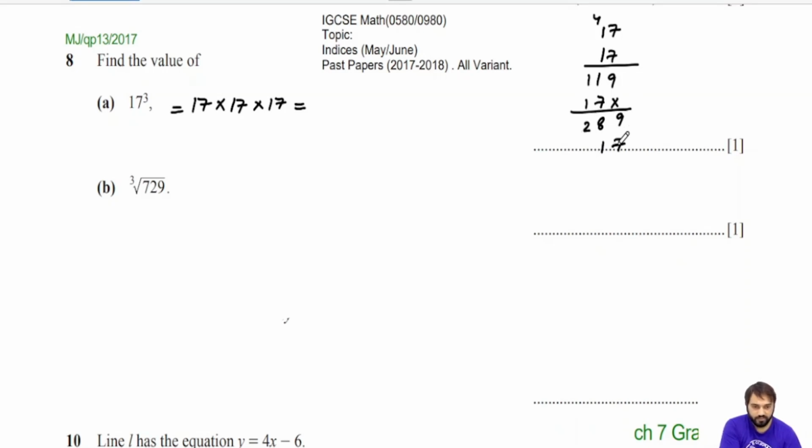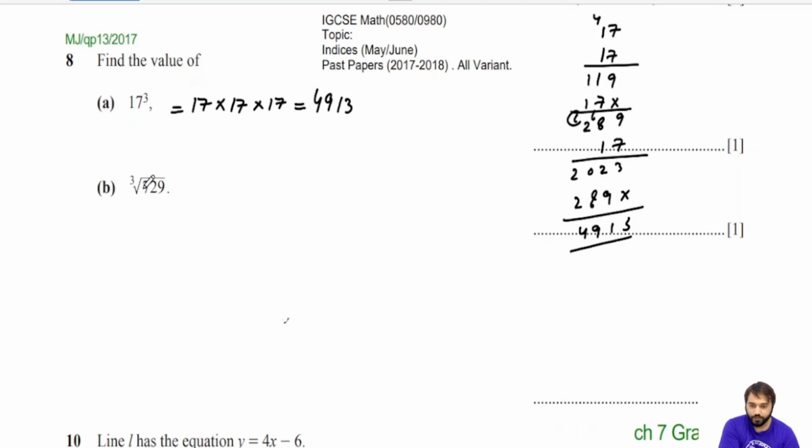Again we have to multiply by 17, so 7 times 9 would be 63, 6 carry... So this is our answer, 4913. If you are appearing in 2025 examination, then for this question you are not allowed to use your calculator, so you have to do it manually like this one.